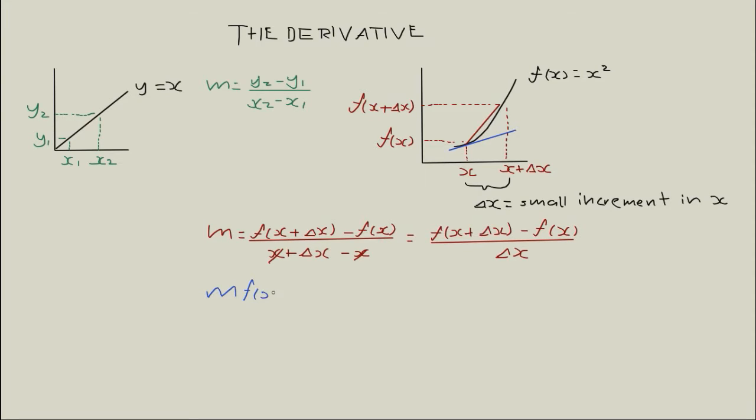So the slope of our curve will be the limit as delta x approaches 0 of f of x plus delta x minus f of x, all divided by delta x. And this is the derivative of f of x, or the change in y over the instantaneous change in x. In other notation, dy over dx.